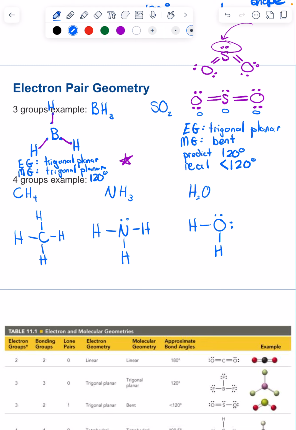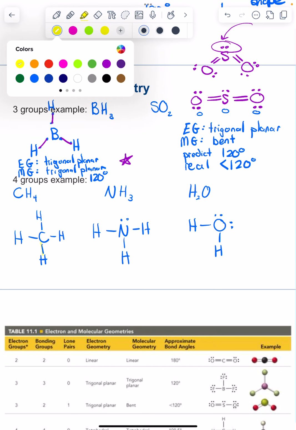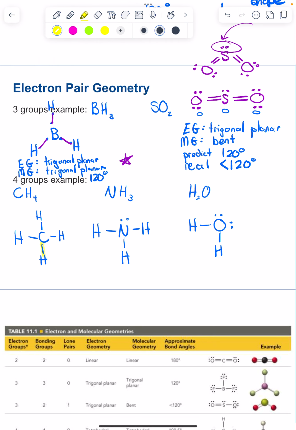Okay, so every single one of these has 4 groups. 1, 2, 3, 4, all of those are bonds on CH4. On the NH3, one of them is a lone pair, 1, 2, 3, 4. And on the water, two of them are lone pairs, 1, 2, 3, 4.